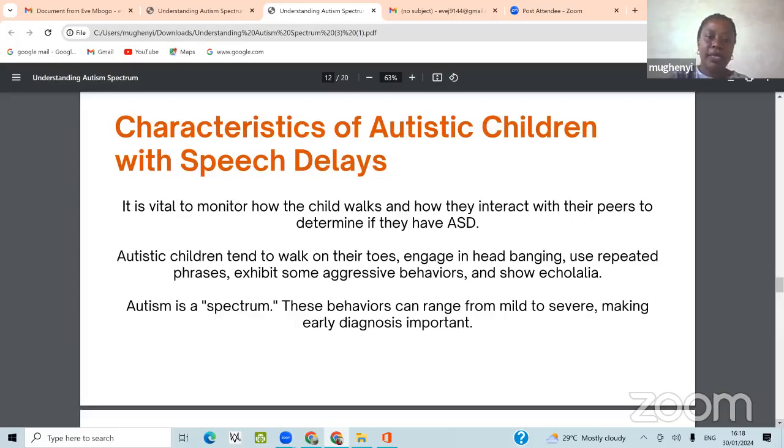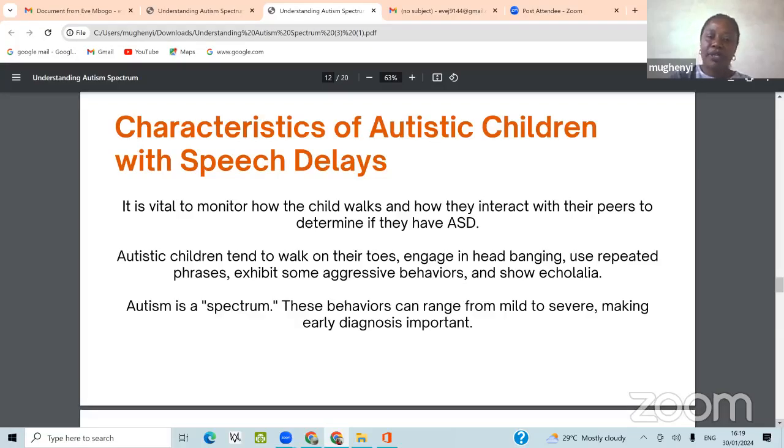The characteristics are like this: the child sometimes walks on their toes, like wearing high heels. Because of these sensitivities, others engage in head banging. They bang their heads as they try to communicate and find it difficult, or sometimes when hearing a loud voice, they feel bad, then they start banging their heads.